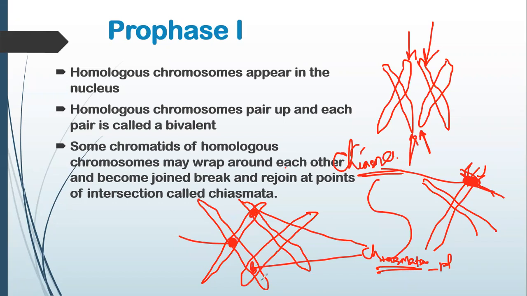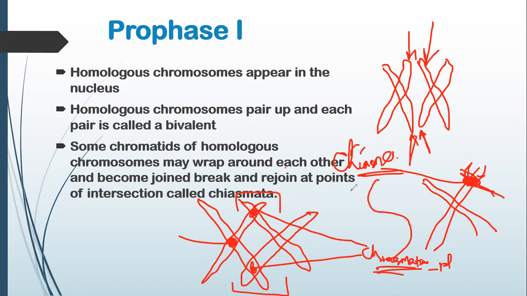But when the two non-sister chromatids coil against each other, join and cross each other, that point where they cross is known as a chiasmata.